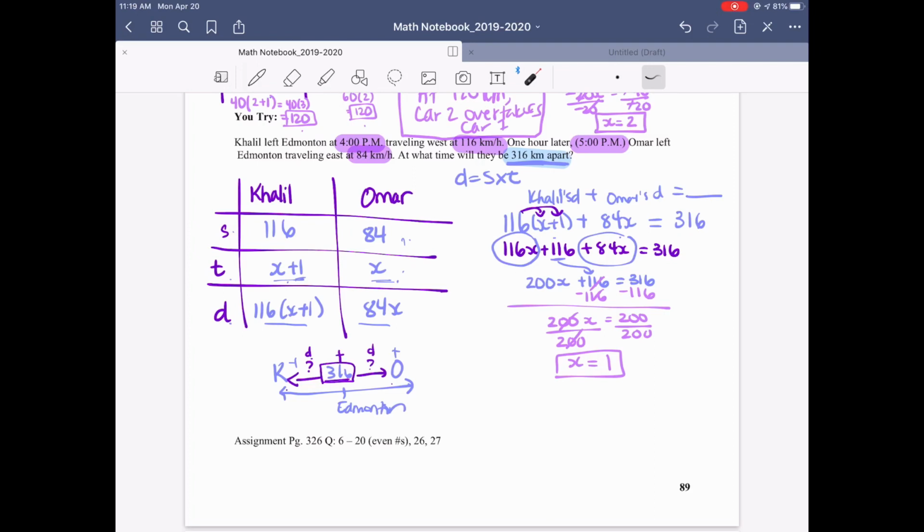So basically, it's asking at what time will they be 316 kilometers apart. And that time will be here. We would just take the 1 plus 1, and that would be 2. So 2 hours later, after Khalil leaves Edmonton, they will be 316 kilometers apart.